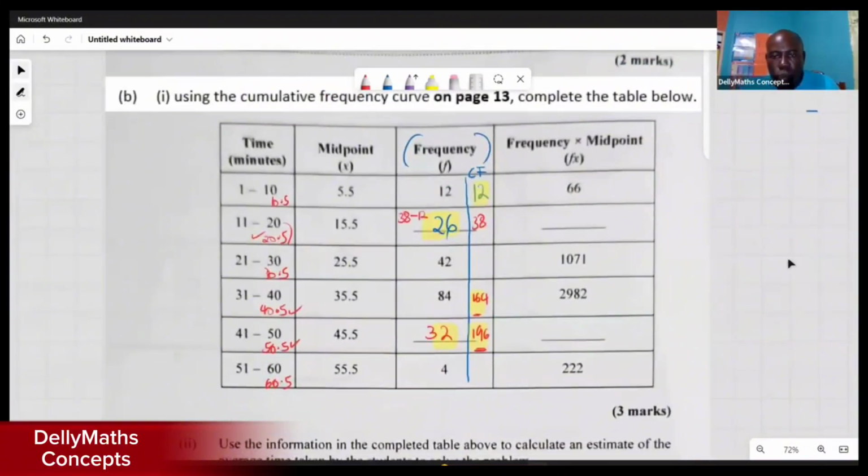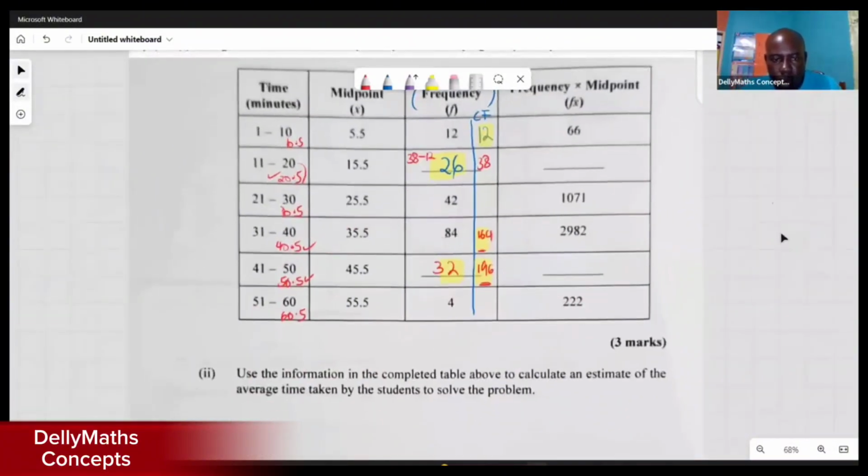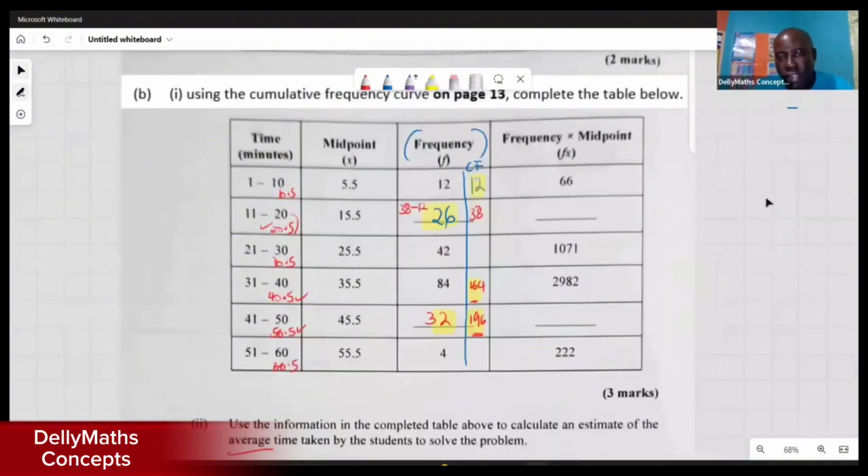So what we want to do now, as you could see, is estimate the average, which is what we call the mean, but we have to complete everything. So we have the FX column to be completed. We could quickly calculate those. For example, this is the X and this is the F. So the missing ones would be 15.5 times 26, and that's 403.